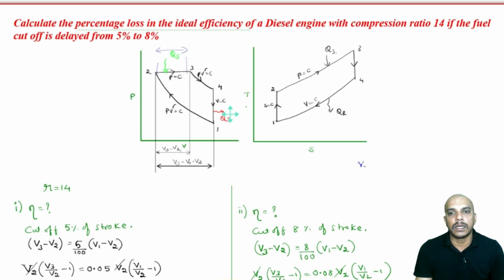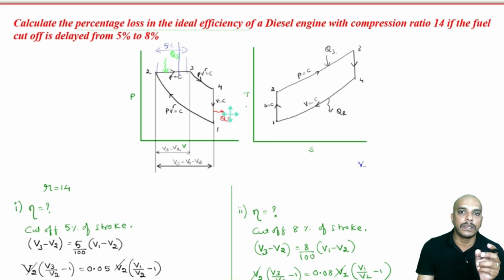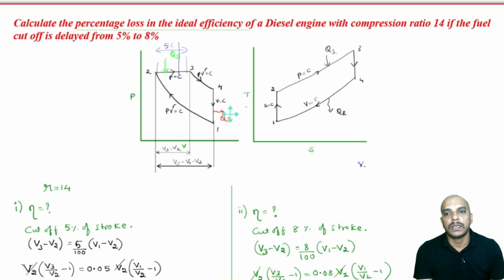If this value increases from 5% of the stroke to 8%, so in the first case it is only this much, that is 5%, and in the second case, if we increase it, efficiency is decreased.